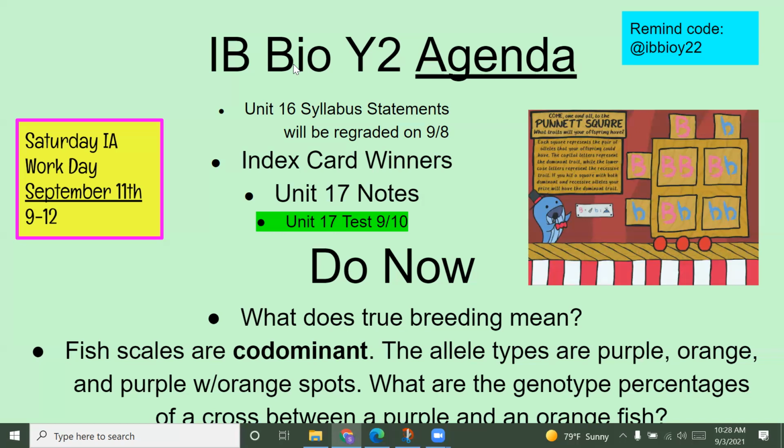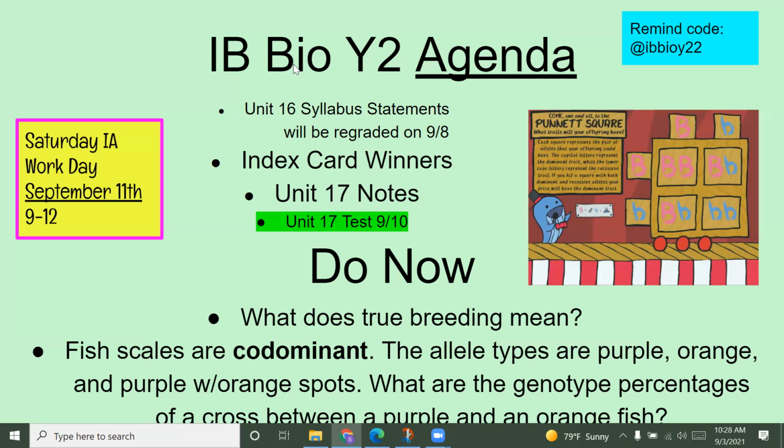I would say your superscript should be P for purple, but we need one letter that will be the same for all three. C? C for color would make sense. I like that. Okay, so C^P and then C^O, and then this one would be C^P C^O, right? Okay, so we have two alleles. We have a purple allele and an orange allele. Very good.